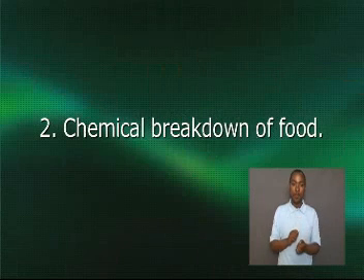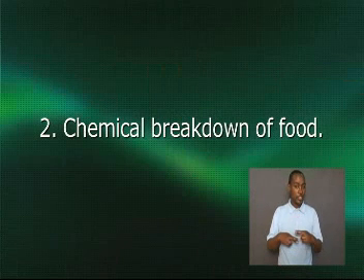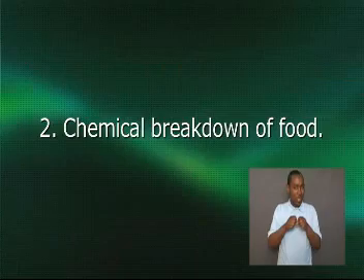The second reaction is the chemical breakdown of food. The insoluble molecules are broken down by a hydrolysis reaction into small, soluble molecules, so they can be easily absorbed by the body. This breakdown is controlled by enzymes. Enzymes are proteins that speed up reactions.